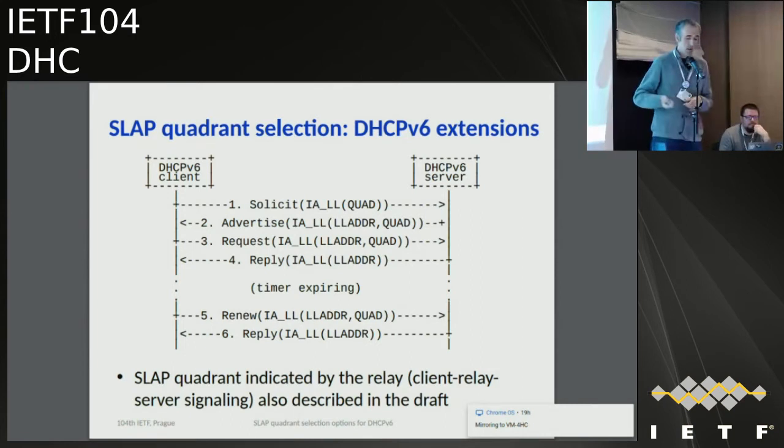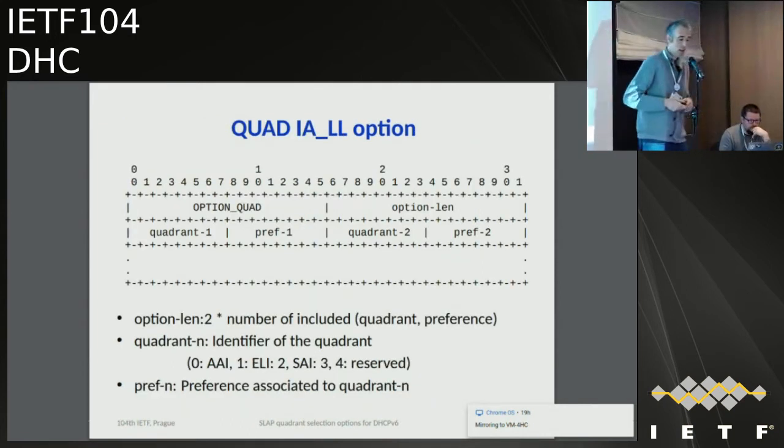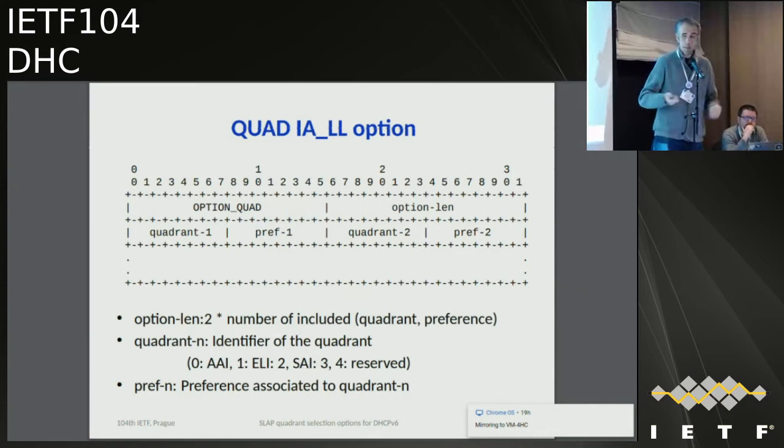Basically, we define a new IA LL option for conveying the preference. The option allows identifying one or several quadrants and an associated preference, so the server can assign the best address trying to meet the preferences conveyed by the client or by the relay.